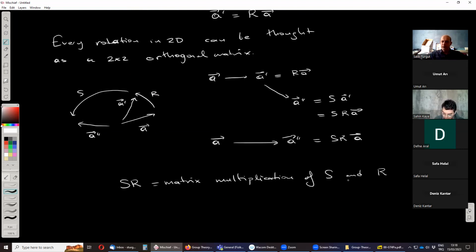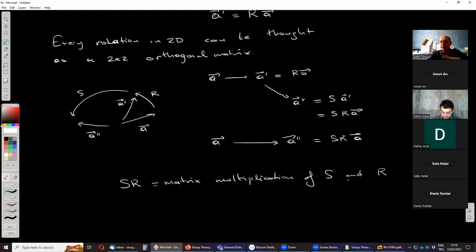What we do is really a function composition, but I can think of this function composition as some kind of an algebraic operation between matrices. All right, in that case, the elements of the group are matrices, orthogonal matrices, and the operation is the matrix multiplication. Okay, there are many situations like that.